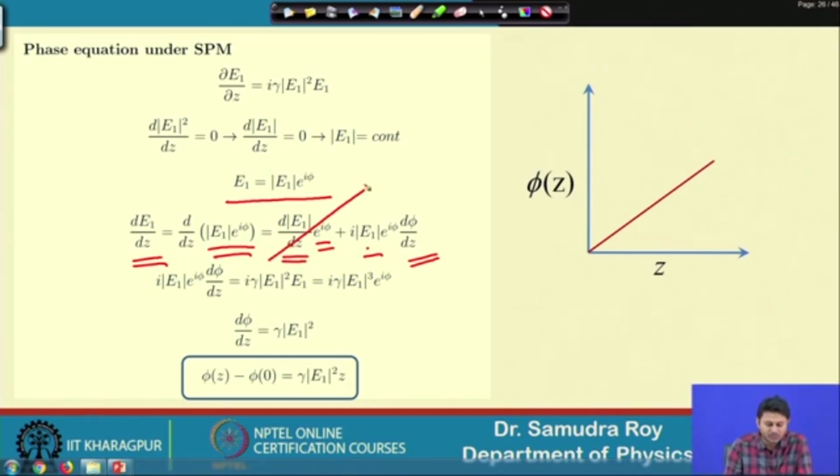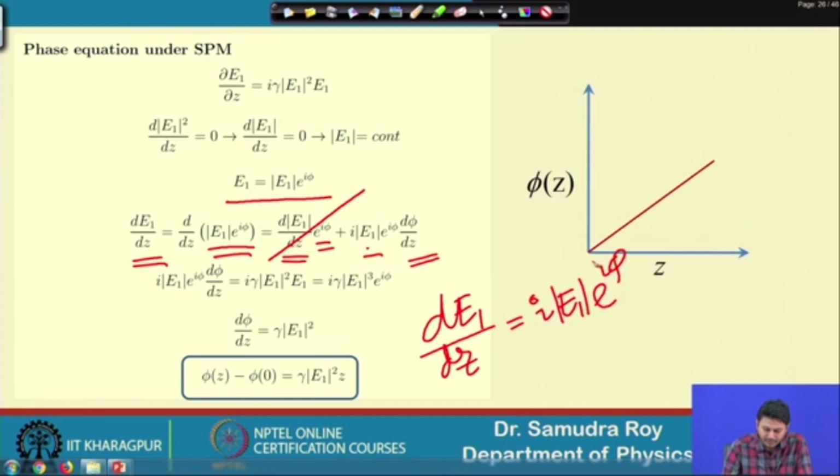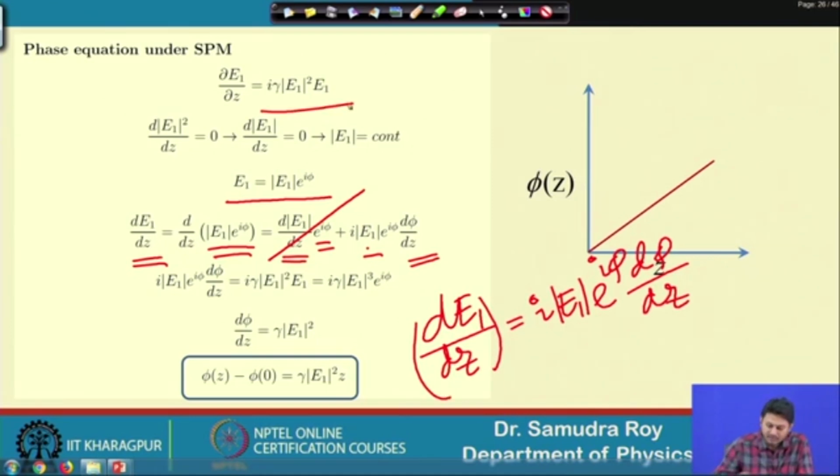Since this term will be 0, we will have dE1/dz simply equal to i mod of E1 e to the power i phi and then d phi/dz. d phi/dz is again, according to our equation, equal to i gamma mod of E1 square E1.